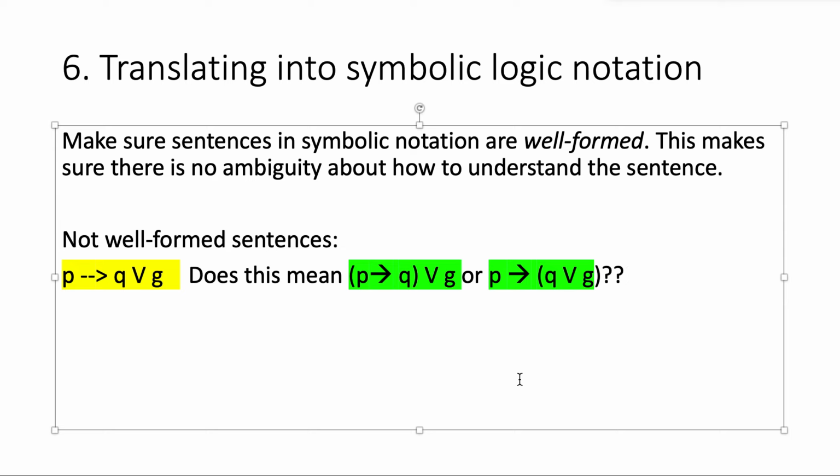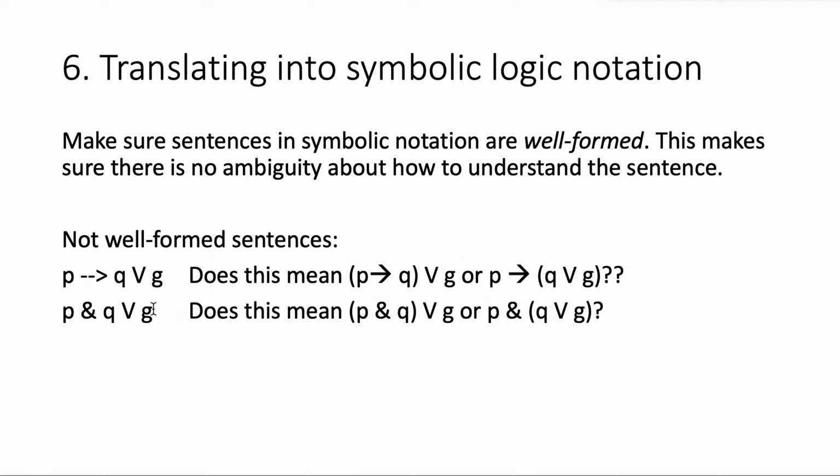Or does the sentence mean if P then Q or G? Those are two different sentences, the things that are highlighted in green, and it's not clear whether the thing that's highlighted in yellow means the one on the left or the one on the right. So it's not well formed.